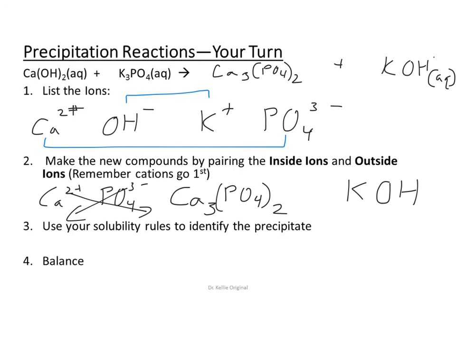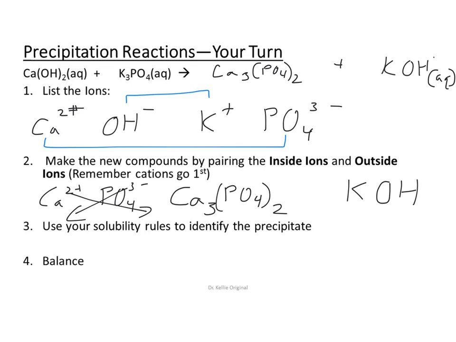Then we have potassium, we have our calcium phosphate. Do we have a rule regarding either calcium or phosphate? Yeah, we have a rule regarding phosphate. Anything that contains phosphate is insoluble.